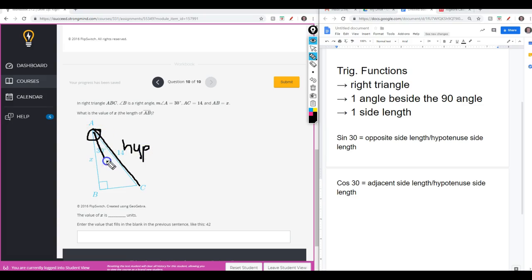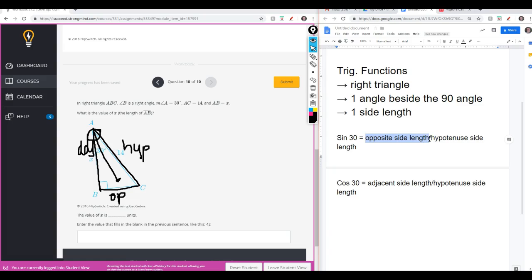We have the side opposite the given angle, which is the opposite side length. And then we have the side length that's touching the angle, which is not the hypotenuse. So that's the adjacent.